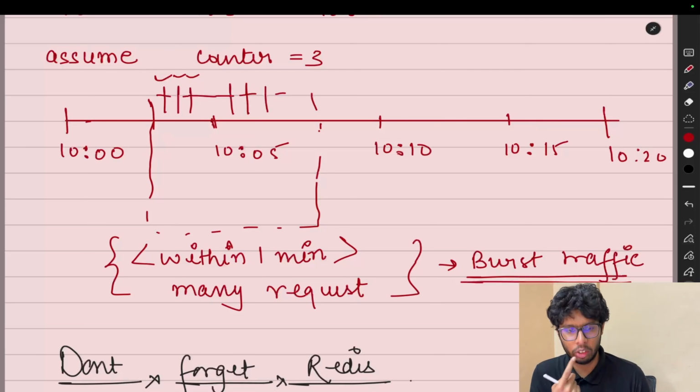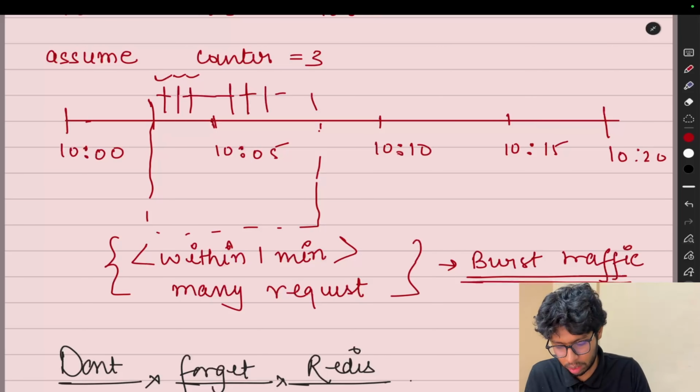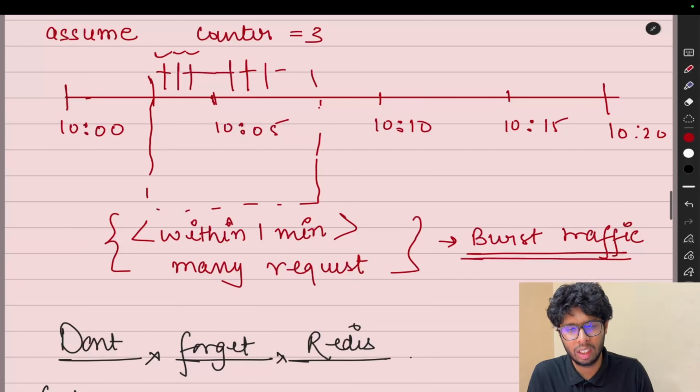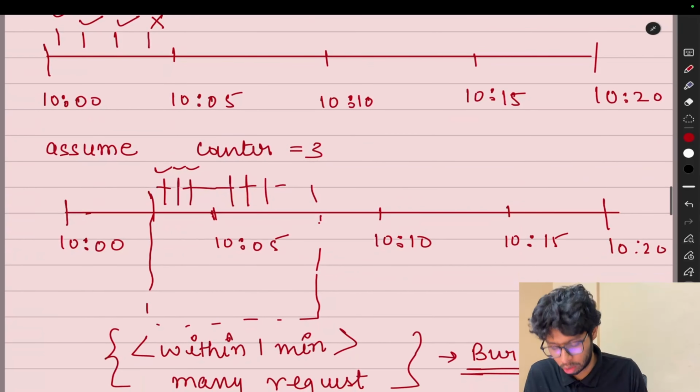So within 1 or 2 minutes we accepted a lot of requests, like in the case of burst traffic, and we're allowing it. It can be used when the system can handle this, but in a scenario where our system is not able to handle double load, of course our system will crash. So these are the pros and cons of the fixed window counter.